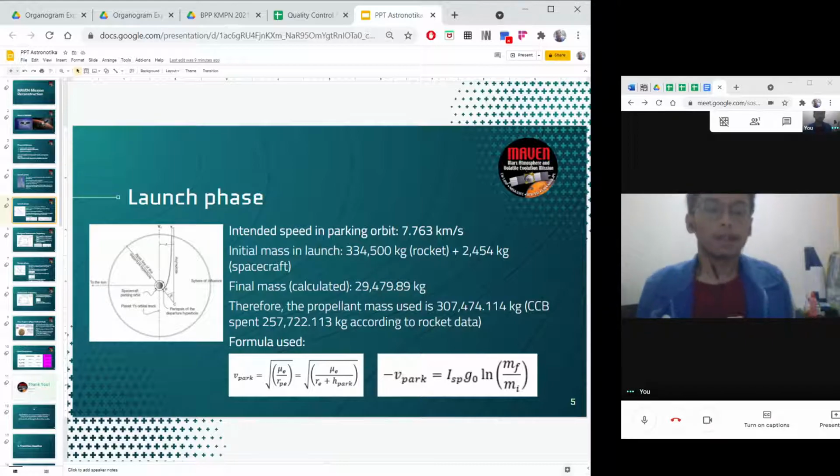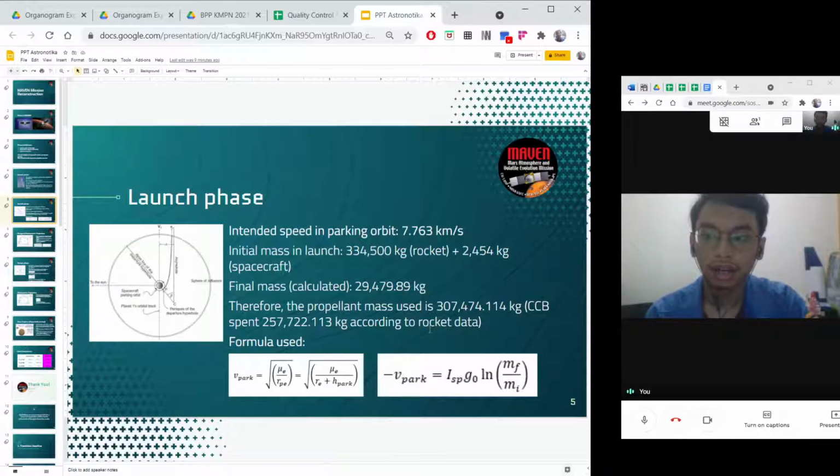After we calculate the final mass by using the Tsiolkovsky equation, we obtain a final mass of around 30,000 kilograms. Therefore, the propellant mass used is 307,000 kilograms. According to the data, the CCB spent 257,000 kilograms of propellant.